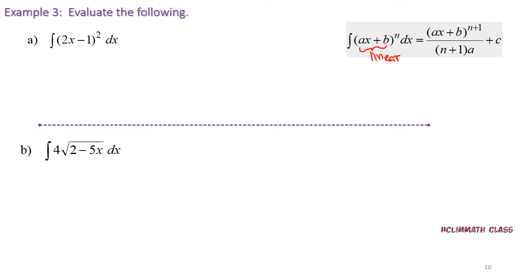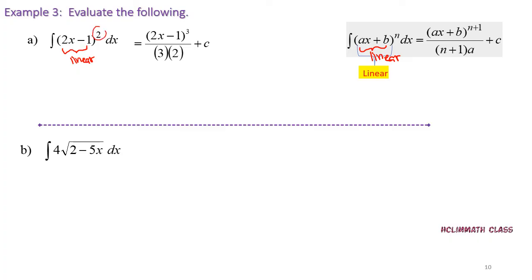Only then can you use this formula. So first of all, if we look at this question, we have 2x minus 1 to the power of 2. We notice that this is a linear function. Only then are we allowed to apply the formula. So we will have 2x minus 1.